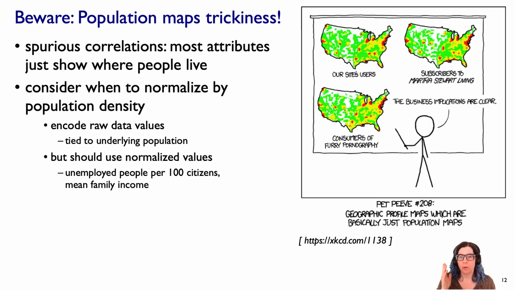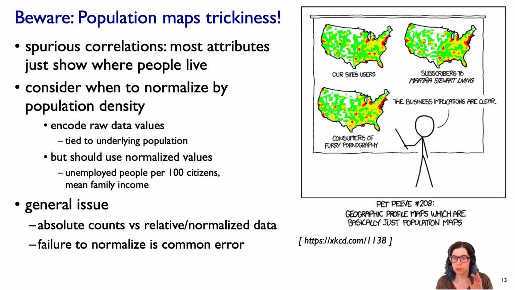So what you often would want to think about when you're using a choropleth map is normalizing by the density of the population in each region. If you simply encode the raw values, you're just seeing population maps. You're not actually seeing the particular attribute you care about. If you normalize, so you say things like to show unemployment rates, you show unemployed people per 100 citizens, or mean family income. Use something to normalize against so that you're not just seeing where people live.